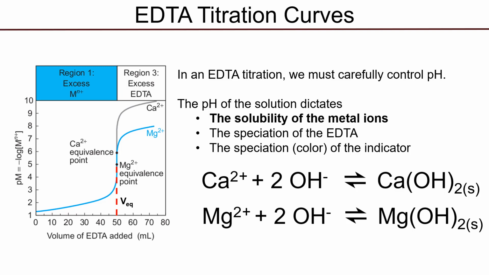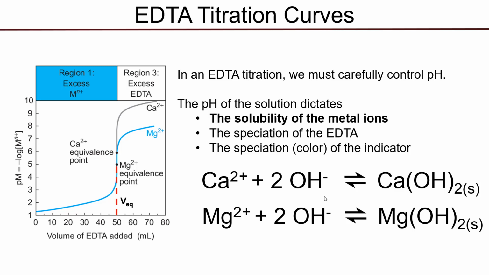Now, at more acidic pHs, the concentration of hydroxide is low, and these equilibria lie to the left, and the metal ions stay unlocked and available for complexation by EDTA. Thus, we say metal ion solubility is higher at low pHs. Well, it seems like the obvious answer then is to run our EDTA titration at low pHs.